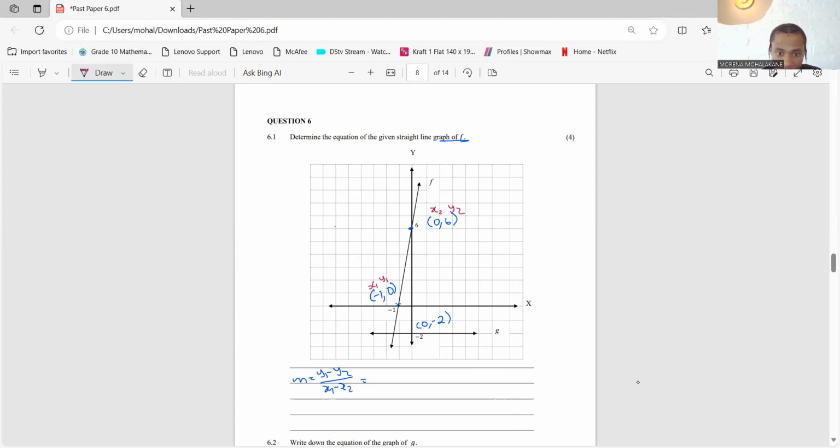So my y1, that's 0, minus my y2, which is 6. Then I have my x1, which is -1, minus x2, which is 0. So I'm going to have -6 over -1, which gives me +6.